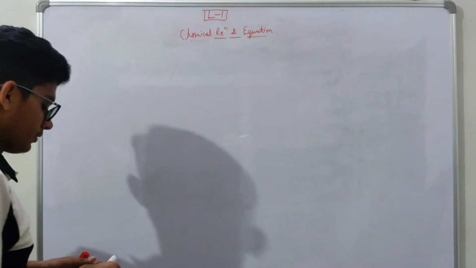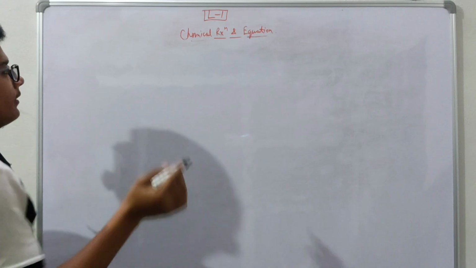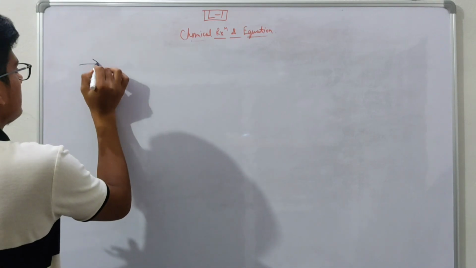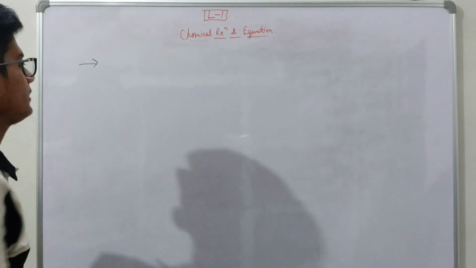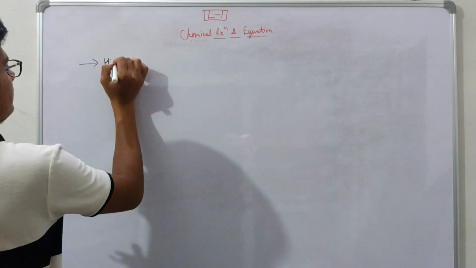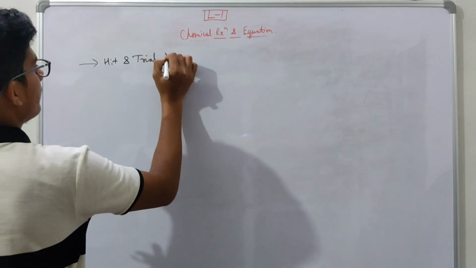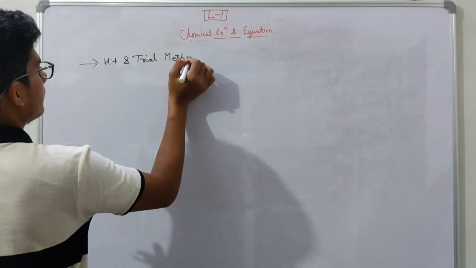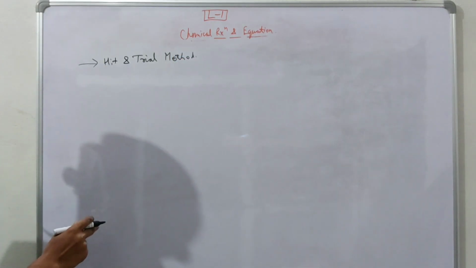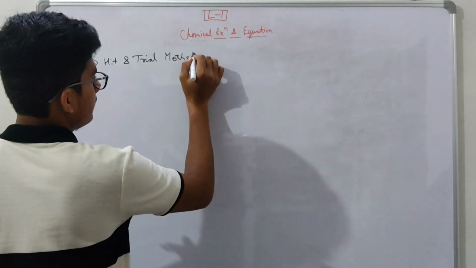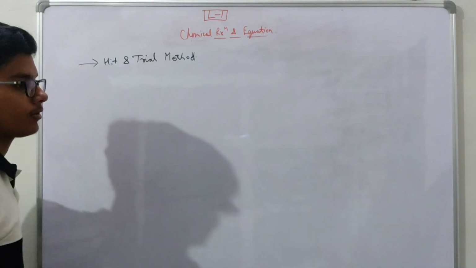So the method which we previously read for balancing the equation was the hit and trial method. For any shortcut method, we have to know about oxidation state.